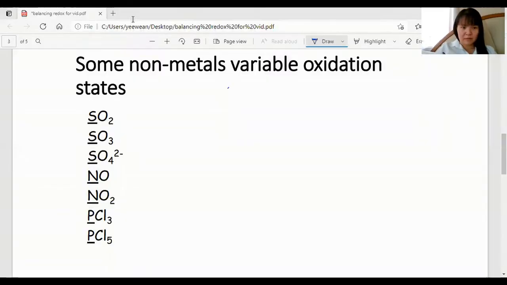Let's figure out some of the oxidation states or numbers here. Say SO2: each of the oxygens would be -2, and there are 2 of them, plus sulfur, which we don't know, equals 0, as in there's no charge here. So the X would mean it is +4.